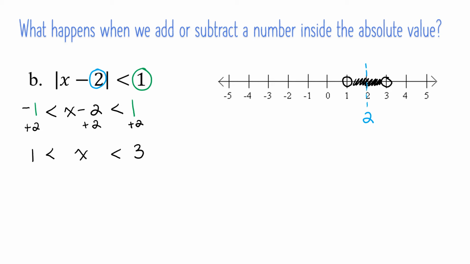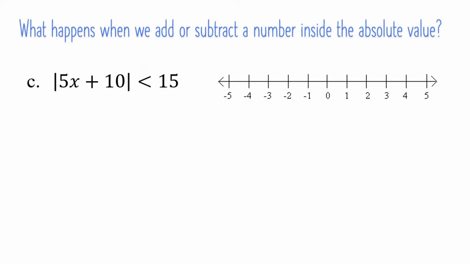And the distance between this center and each of our boundaries, 3 minus 2, is 1, which was that number that was on the outside here. And it's important to notice that the center is what we're subtracting from x, and that the distance is what we are less than.